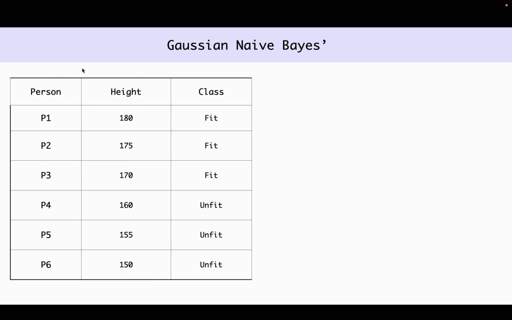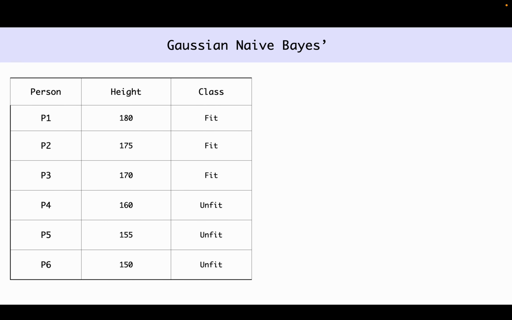Let us discuss more details about Gaussian naive Bayes by using an example. Let us consider this data. We have 6 persons with their heights, and we are classifying them into 2 classes, fit or unfit, based on their height. Here the height is continuous, which means it can take any real value.